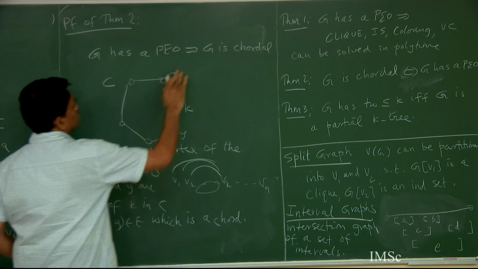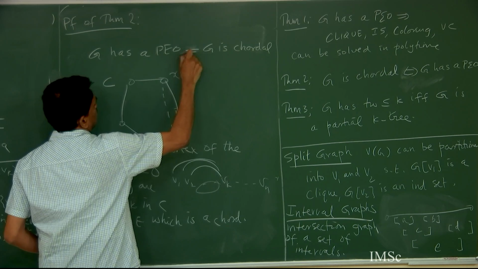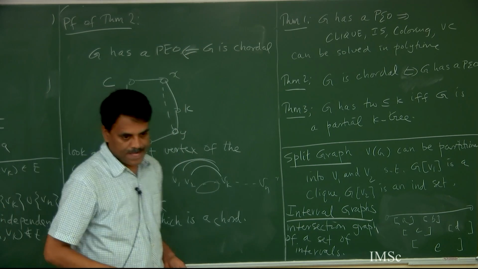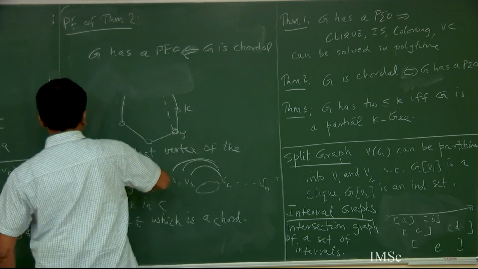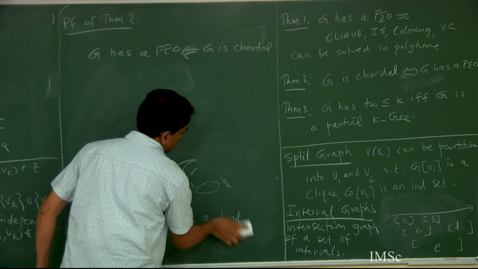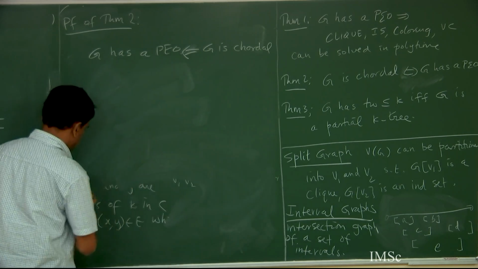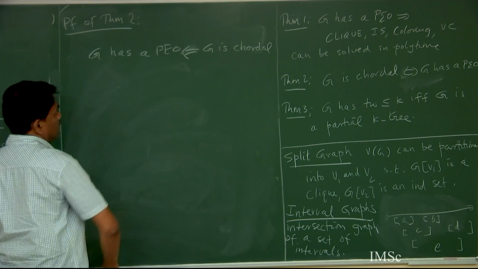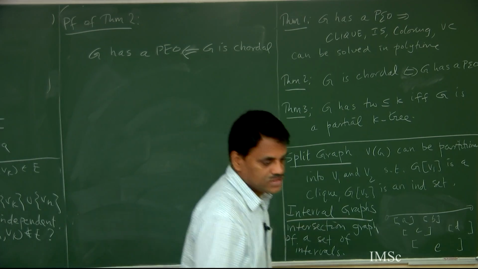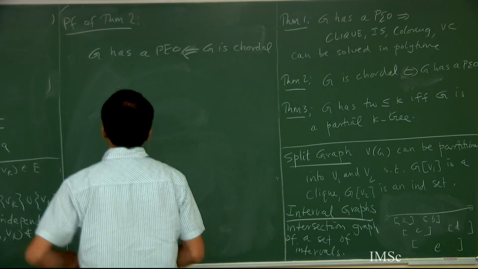Okay, so we will show the other direction. So what I will show is that G has a simplicial vertex.